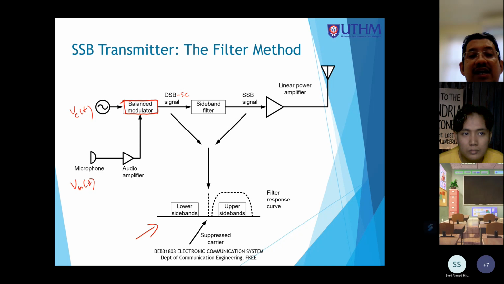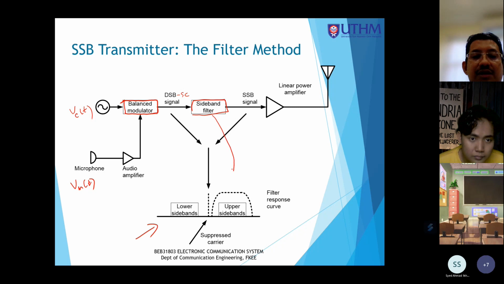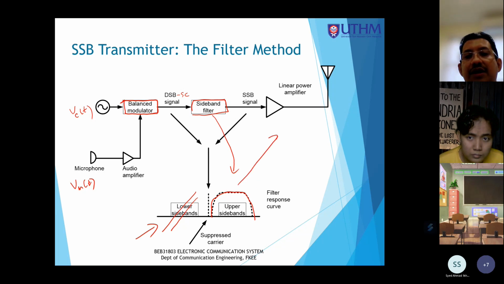And in this example, we use a sideband filter. Dalam kes ini ada sideband filter yang mana akan select upper sideband. So dia akan select yang ini, and remove this one. And from here kita hantar kepada amplifier, so this will amplify the amplitude, menjadi lebih besar.